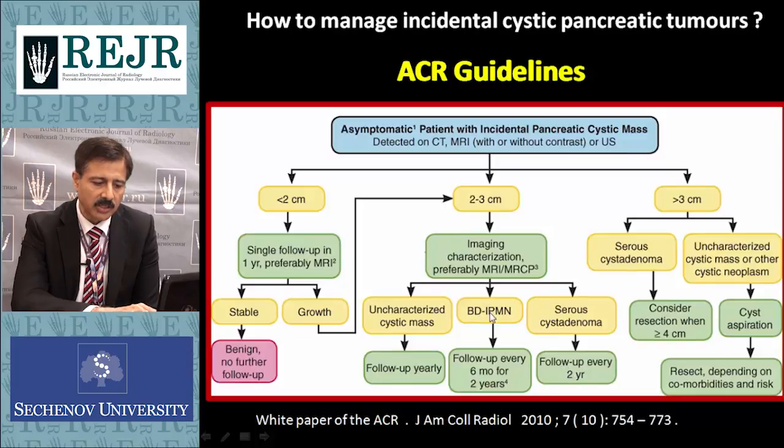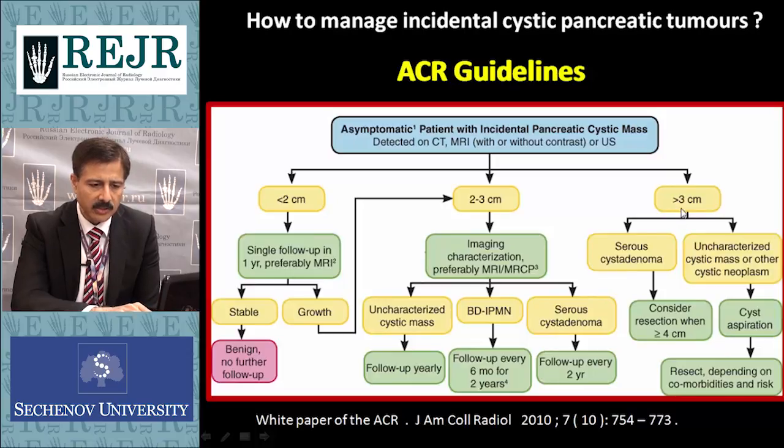If it is branch duct type, then you follow it up every 6 months for 2 years. And if it is uncharacterized, then you do yearly follow-up. Now the question is yearly follow-up until when and things like that. So many questions remain unanswered, and that's why I'm saying that there is no complete international consensus.